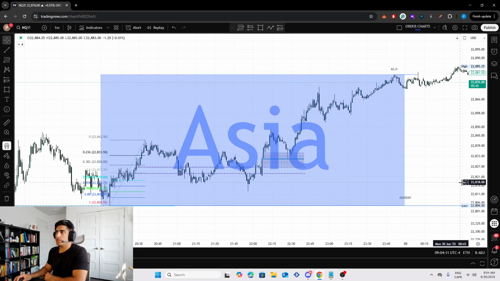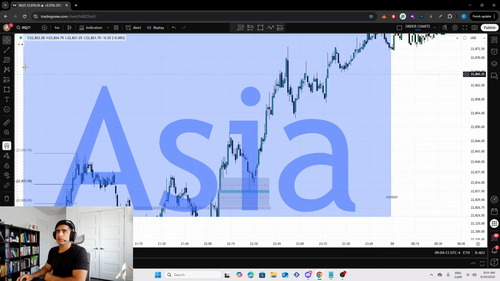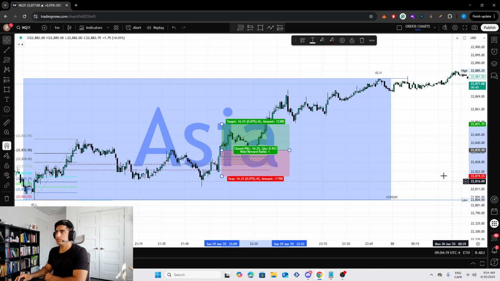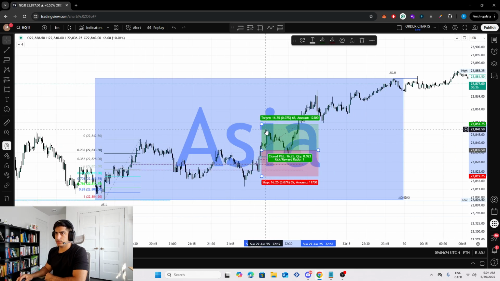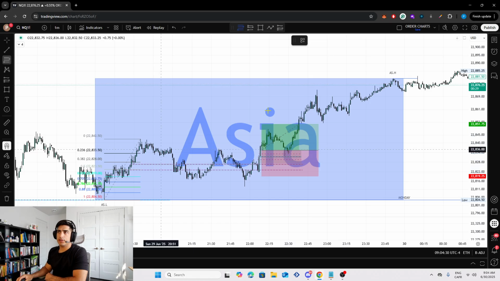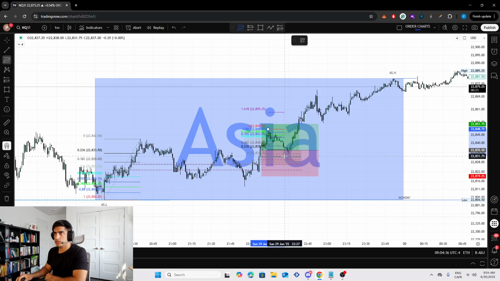Let's go see how many points that is, just for fun. Okay, so let's say we entered here at the top of that fair value gap, and our extension is the 1.6 and maybe the 2.